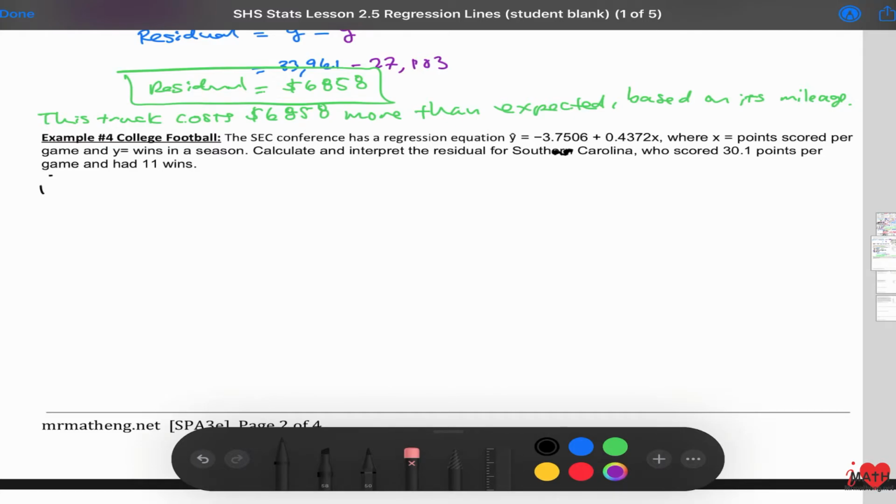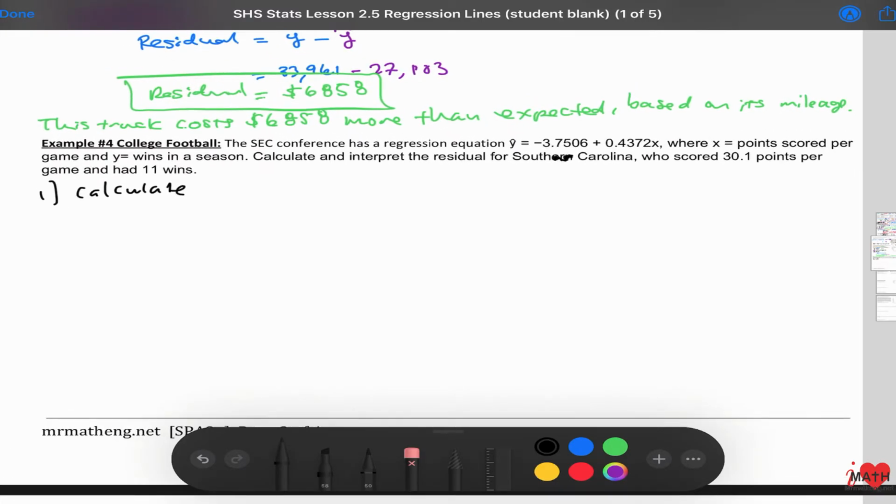So let's calculate their expected. Let's write down that formula. Y hat equals negative 3.7506 plus 0.437x.